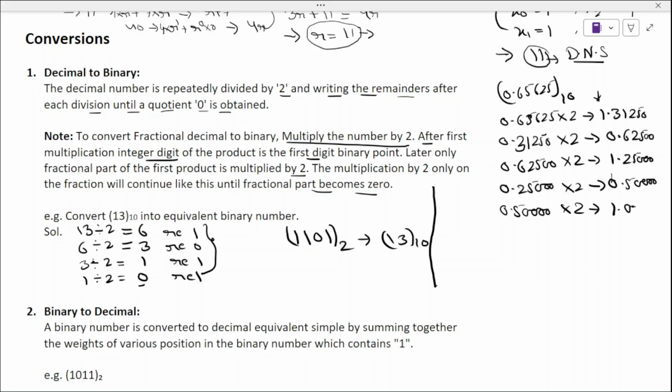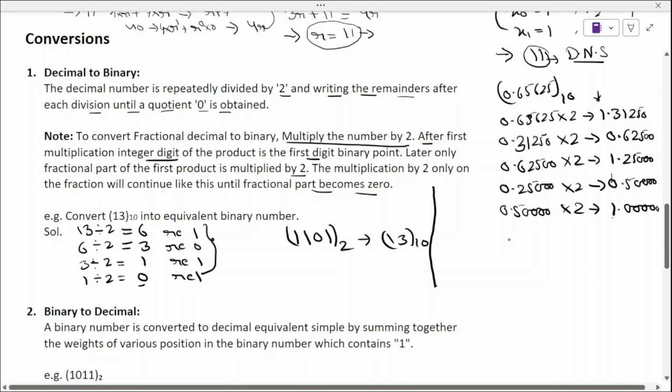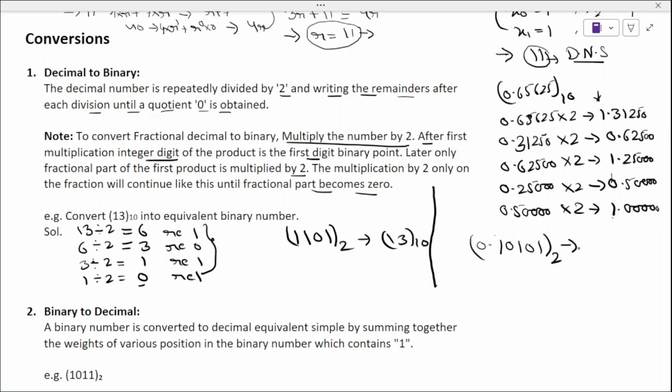So we have received our integer part 1 and the fractional part is 0. So this represents 1, 0, 1, 0, 1. So 0.10101 in the binary number system is equivalent to 0.65625 in the decimal number system.